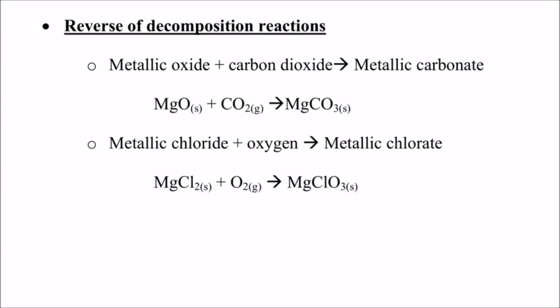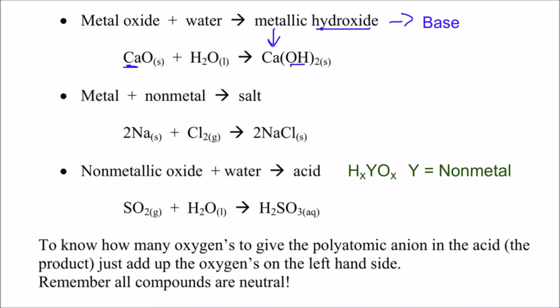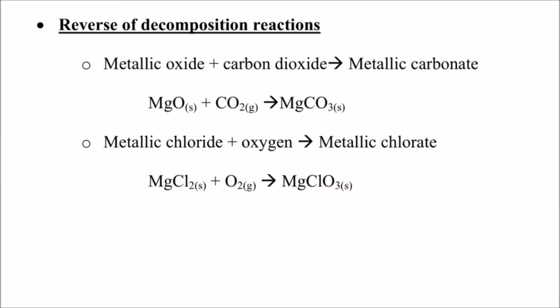Those are going to come up next, but when we do learn those, the reverse of a decomposition is a synthesis or a composition reaction, and therefore the reverse of all of these reactions here are decomposition reactions. So you can take an acid and decompose it into a nonmetallic oxide and water. Alright, so let's go learn some of those decomposition reactions.